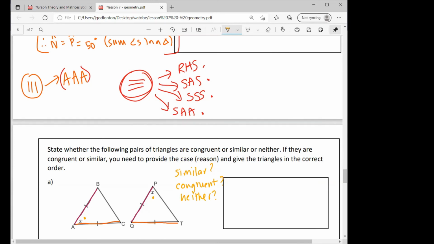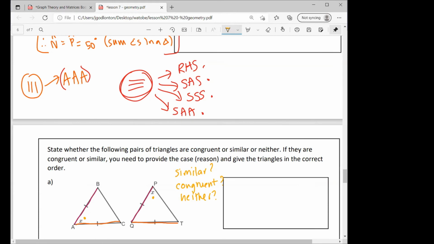Okay, so we have one answer that's saying similar, a second answer that's saying congruent. Daphne says neither. Tell me why you say neither. Because for it to be congruent, it has to have an included angle on both.